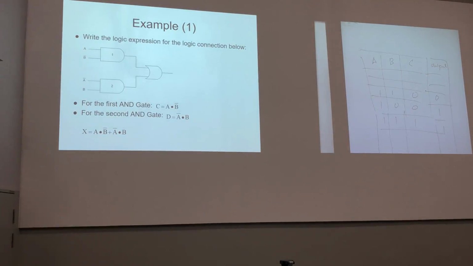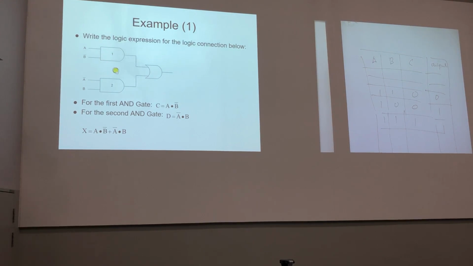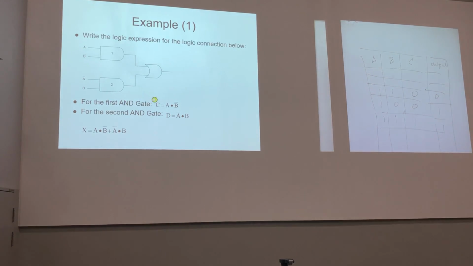Let's try this one. This is an example. How many gates do I have here? I got 3 gates, right? 1, 2, and 3. This gate, what gate is it? AND gate. This one also, and this one is an OR. So the first AND gate, the signal I got is A and B bar, right? It means that in front here actually has an inverter, but we don't draw it. What we have is A and B go through an AND gate, so it has to be multiplied. So over here, if I got a signal C, it is equal to A multiplied by B bar.